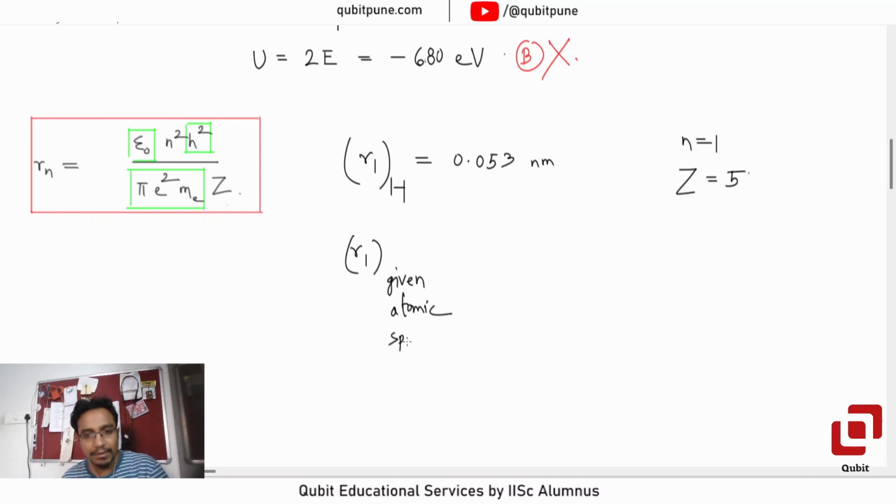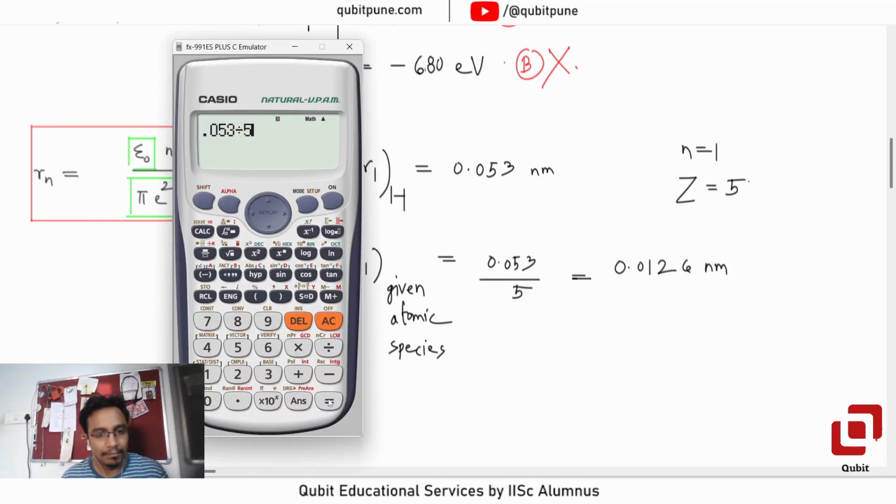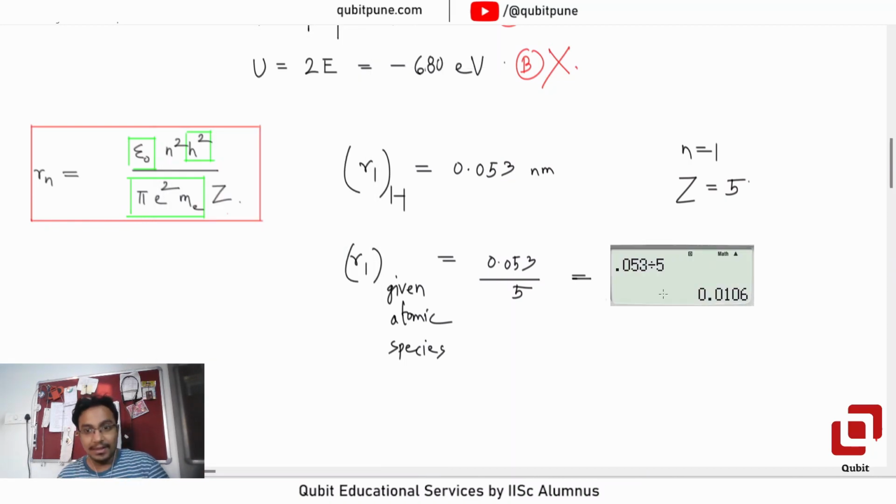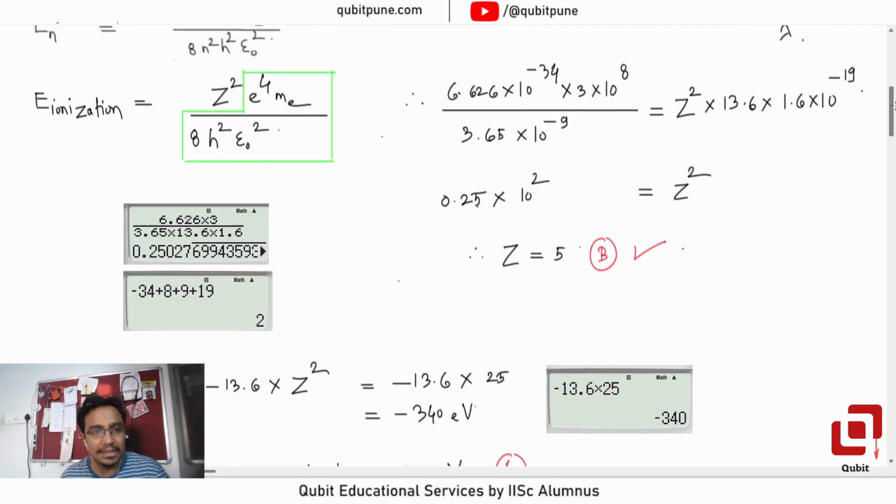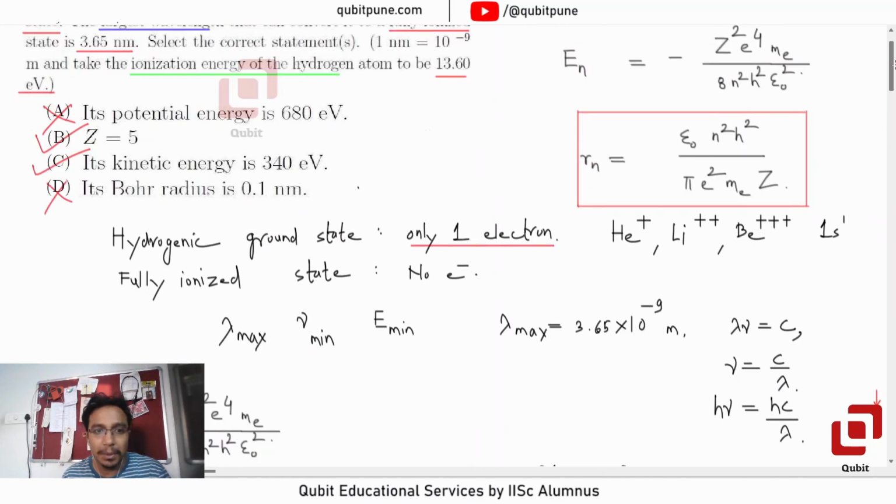So what can we write? 0.053 divided by 5. That is 0.0106, and the option says 0.2. So D is not right.